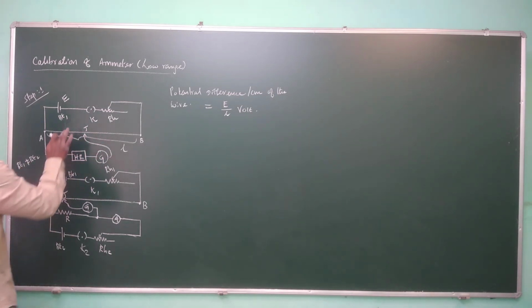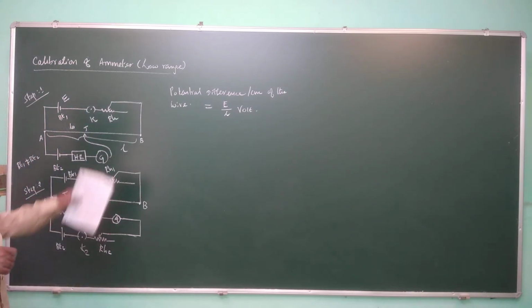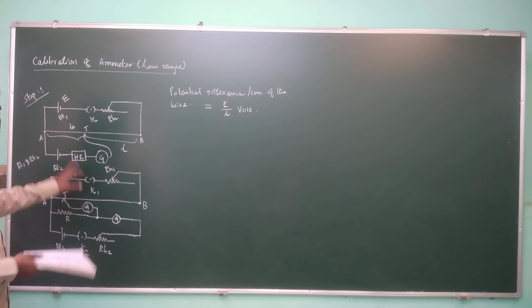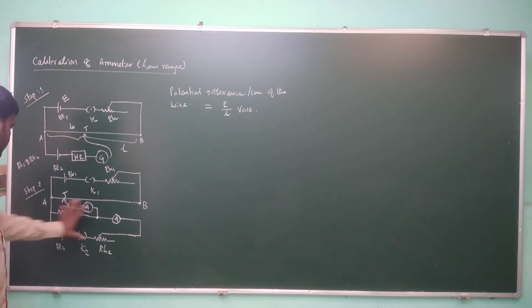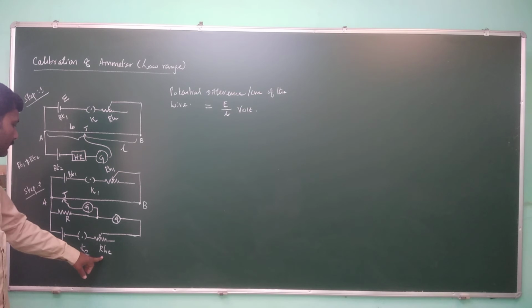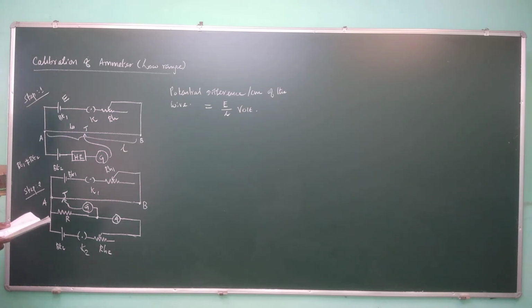So this balancing length you can say L naught, or if required, that also you can measure in the first setup. In the second setup, we have removed this high resistance and galvanometer and other things, and we can rearrange a setup like this, with a resistance, another battery, rheostat, ammeter and galvanometer in another setup. Okay.